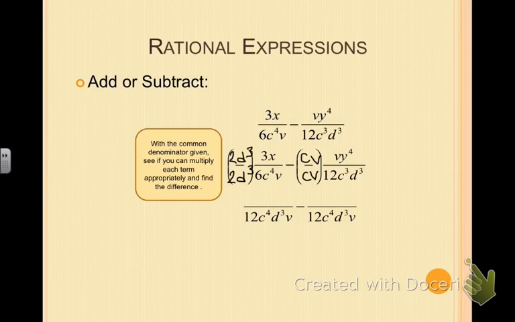The resulting numerators are 6d cubed x and cv squared y to the 4th power. Now that we have equivalent fractions, we can rewrite them with a single denominator.